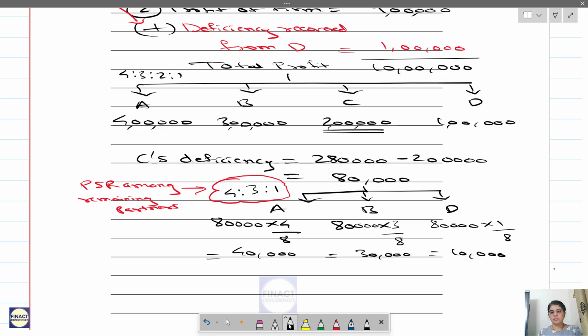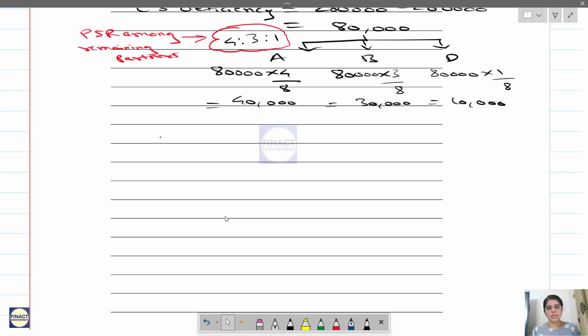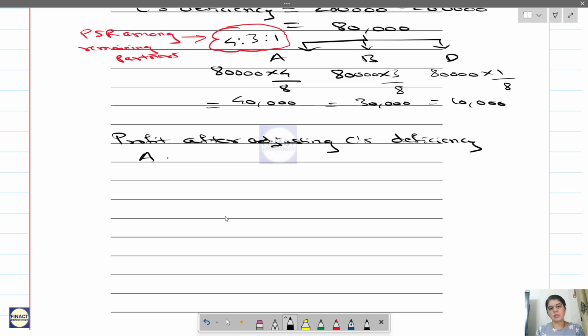Yes, ma'am, it's clear. Now see, we have one more guarantee in this question, no? So let us calculate profit after adjusting C's deficiency. So what is A's profit initially?